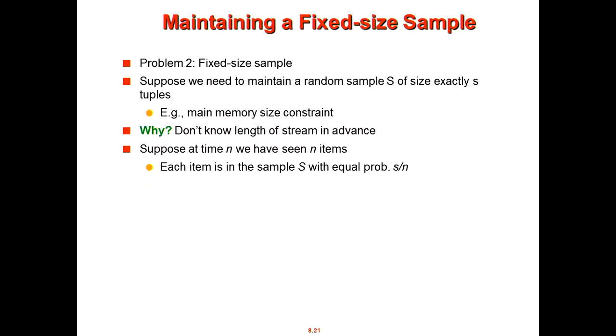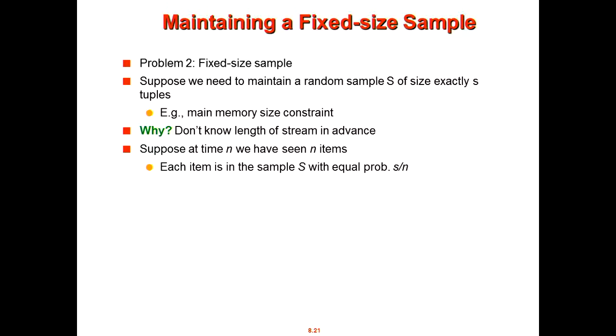Now let's look at the second approach, fixed size sampling. This is more complicated and more difficult to understand because the stream keeps increasing. How can we use only a fixed size sample to represent the original data stream? What kind of property do we want this fixed size sample to maintain in order to guarantee query performance?